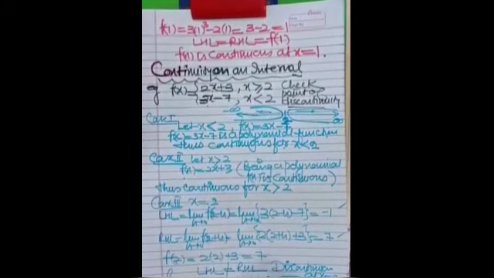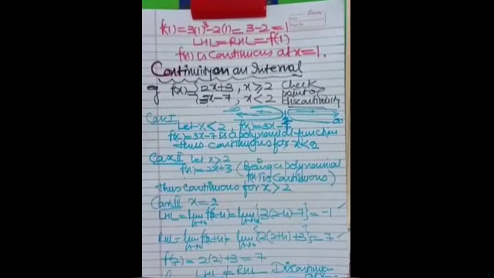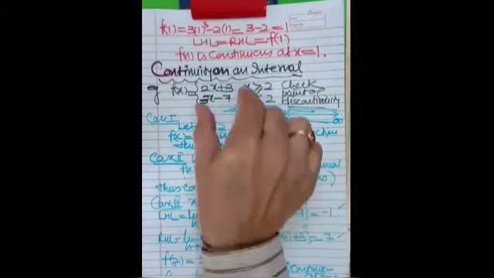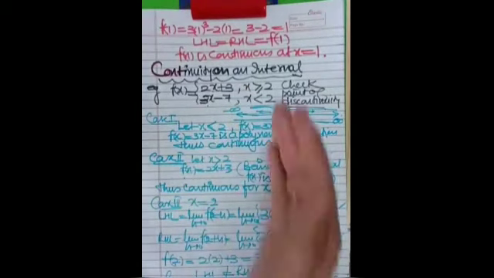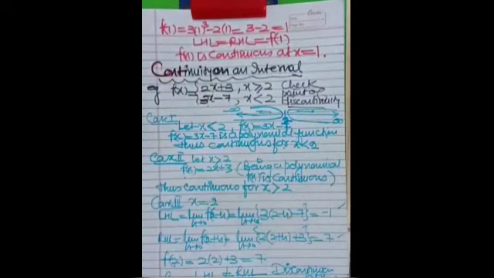Children, इसका क्या मतलब हुआ? What is the meaning of this? It means whenever you plot this function, in the left hand side of the 2 and the right side of the 2, the function is continuous. There is no break at all up to infinity and minus infinity. But at x equal to 2, there is a break in the function.